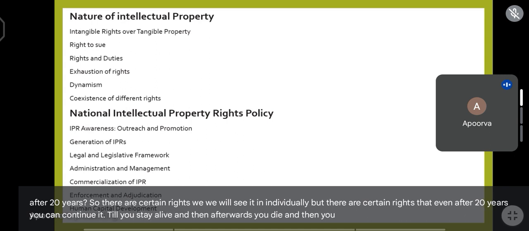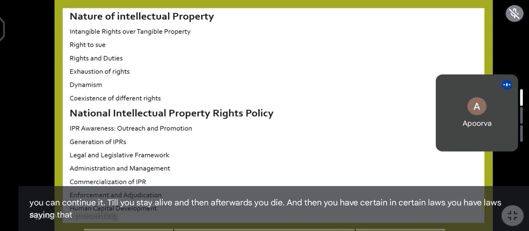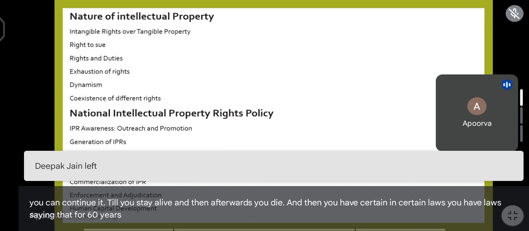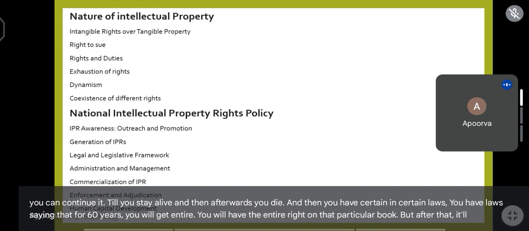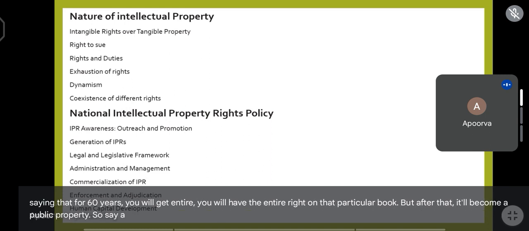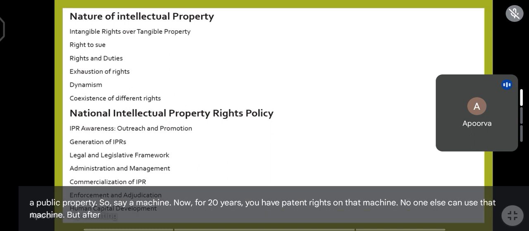Then there are laws saying that for 60 years you will have the entire right on that particular book, but after that it will become public property. Say a machine: for 20 years you have patent rights on that machine, no one else can use it, but after 20 years anybody can use that machine. So, exhaustion of rights: after a particular time all your rights get exhausted.